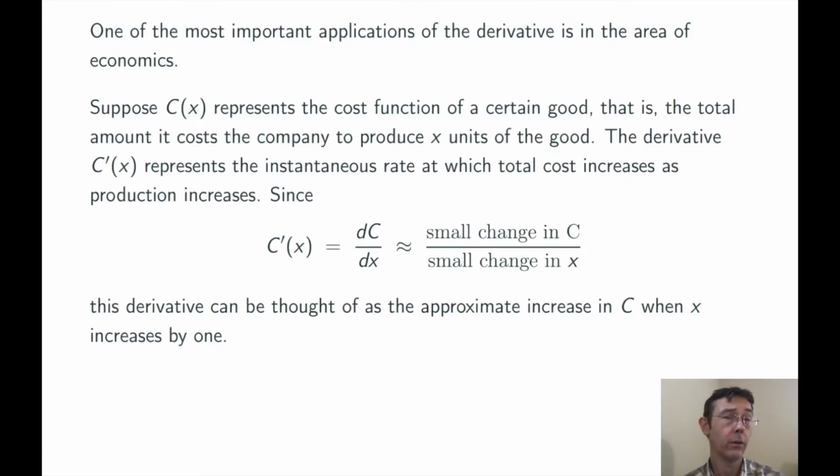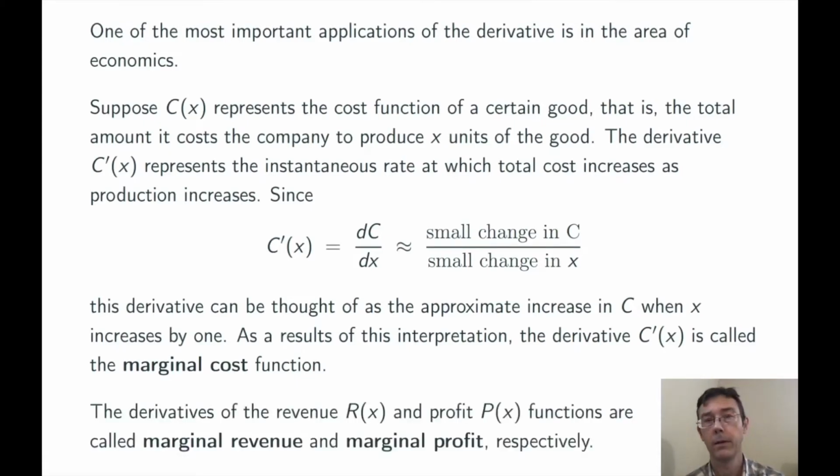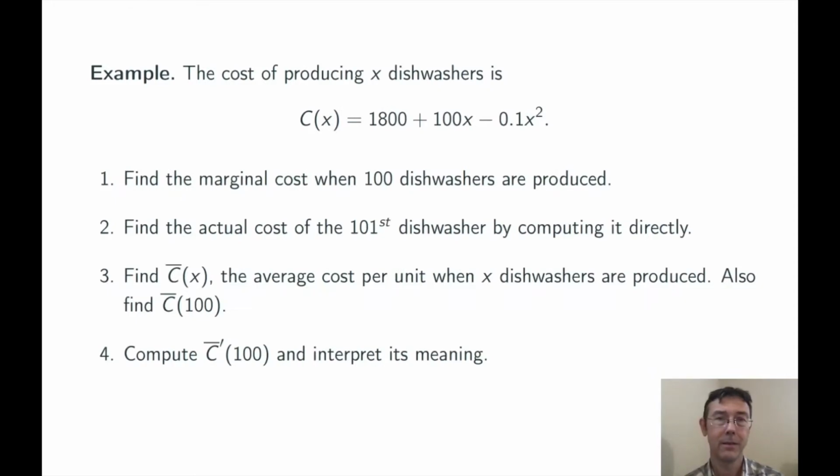So if x goes up by 1, how much is total cost increasing? Because of that interpretation, the derivative C prime of x often gets called the marginal cost function. Similarly, if we have a revenue function or a profit function, we can define marginal revenue or marginal profit. Let's run through an example using this idea.